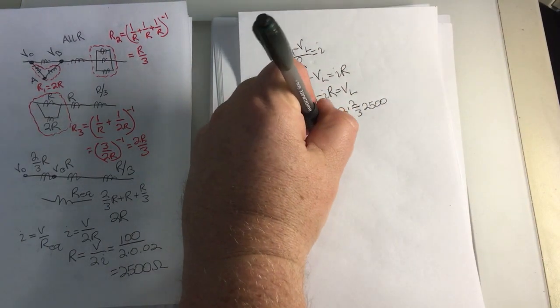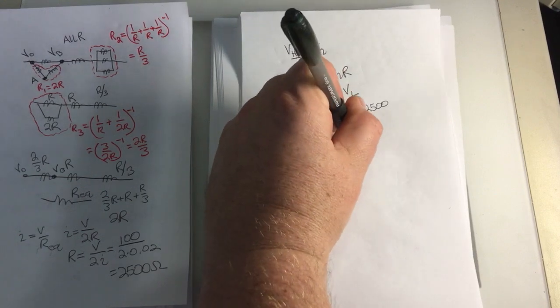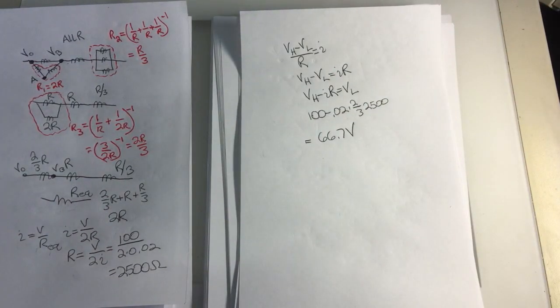And so I get 66.7 volts. That's the potential at the low.